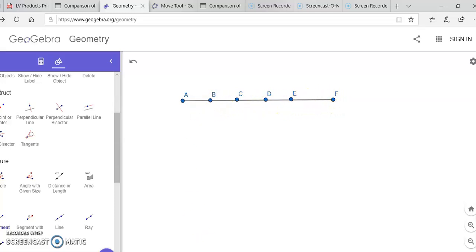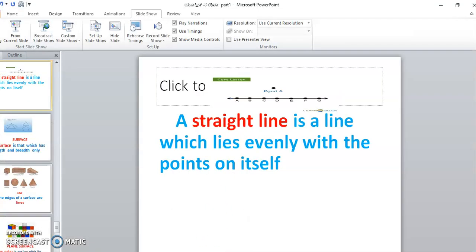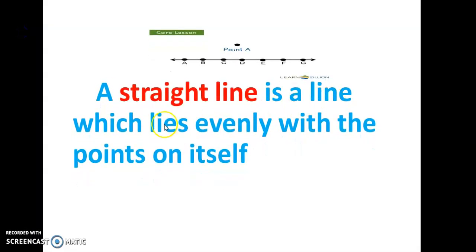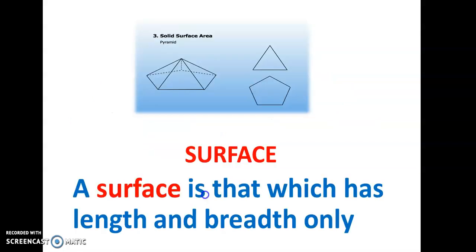So, this is the fourth definition of Euclid. What is the fourth definition of Euclid? A straight line is a line which lies evenly with the points on itself. I hope you understood, children. Shall we move to the next definition? Yes, surface.